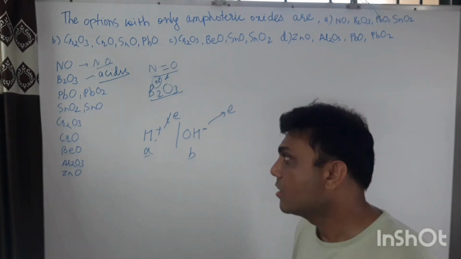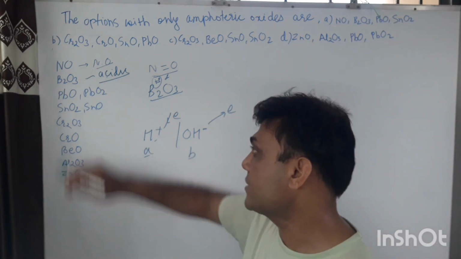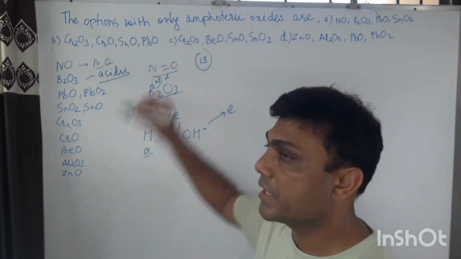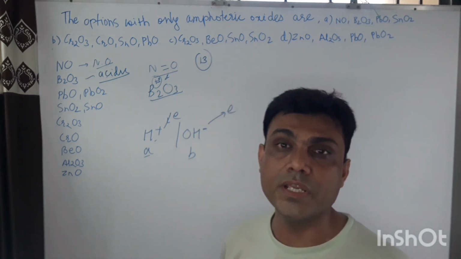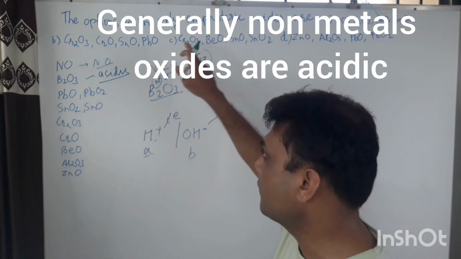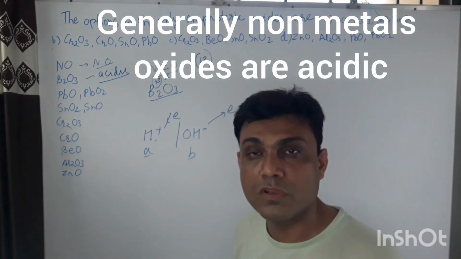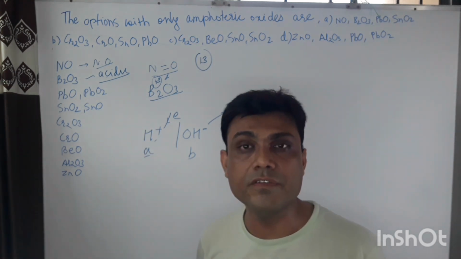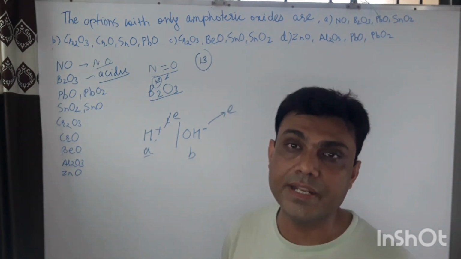Another reason for its acidity is that boron is a group 13 element and it is at the top of that group. It is a p block element. When we come down from the top of the periodic table, metallic character increases and non-metallic character decreases.